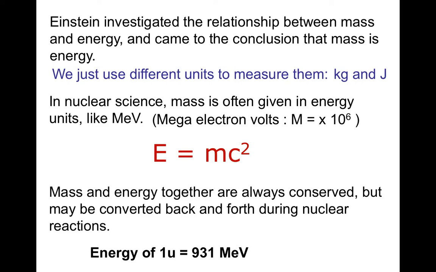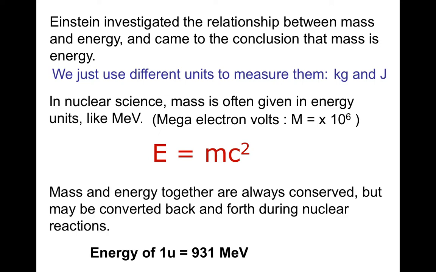So instead of saying the mass of a proton is a certain number of kilograms, if you become a nuclear scientist, you will see energy and mass in the same units, like mega electron volts.